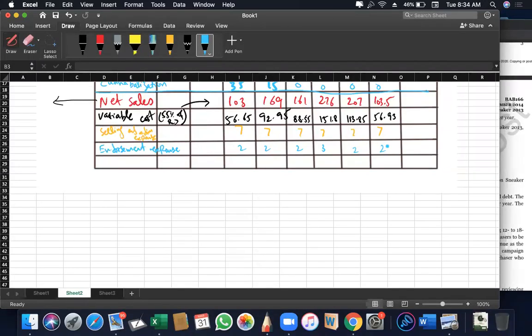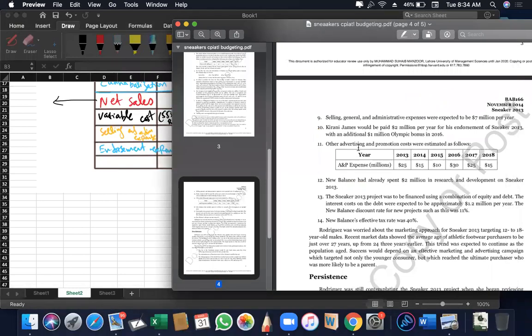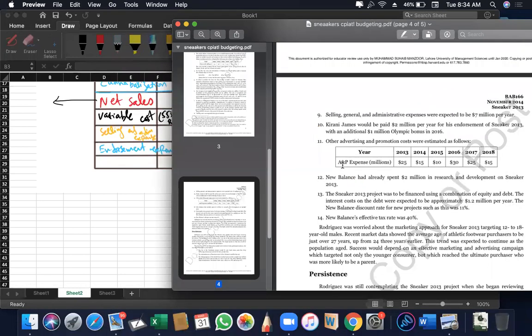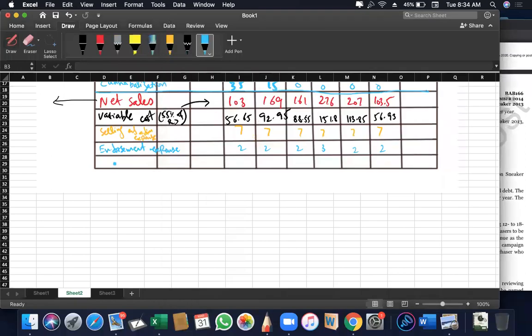Two million. So this is endorsement expense. Then we have other advertising expense. So here we will write other expense, advertising expense.